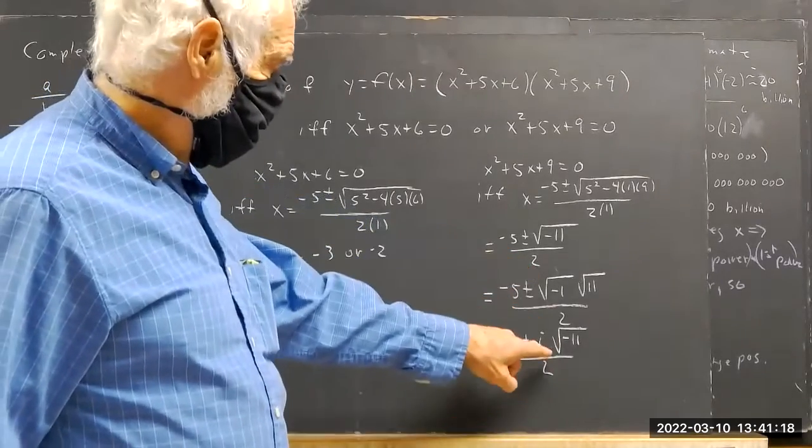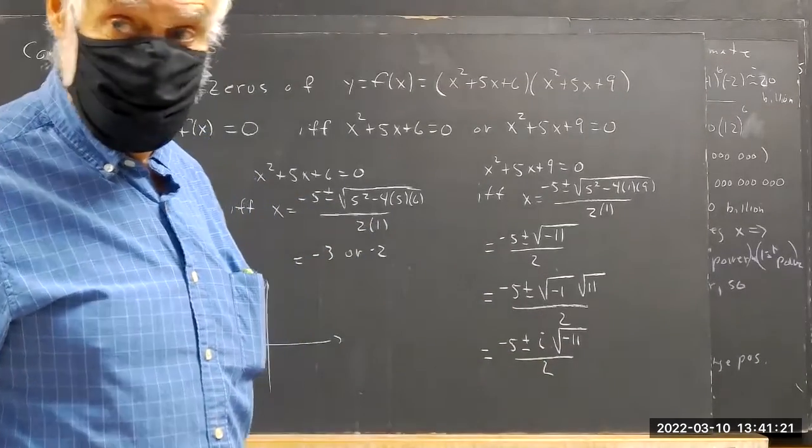Square root of negative 1 we call i, the imaginary number.